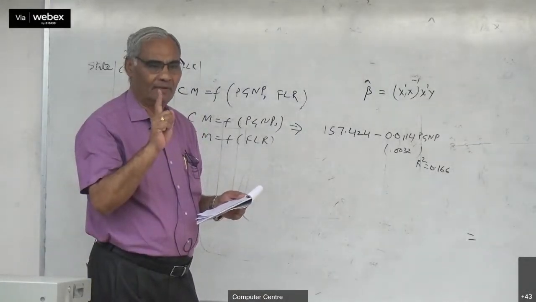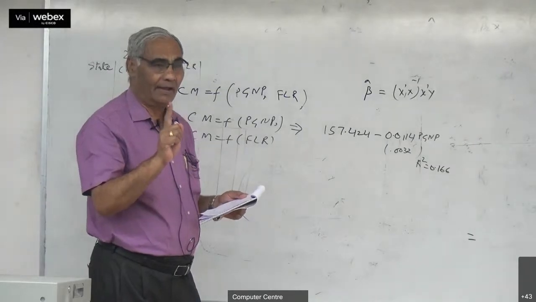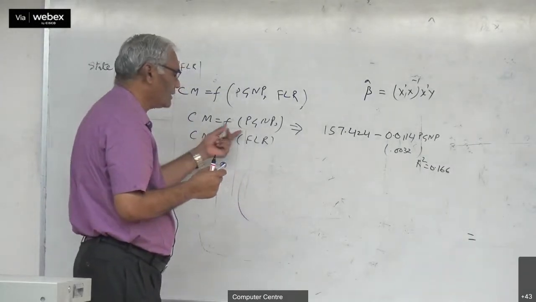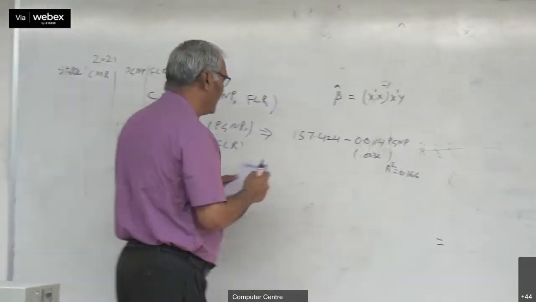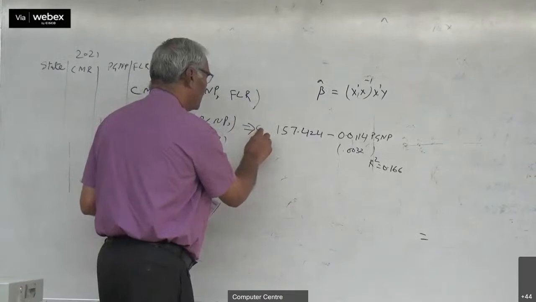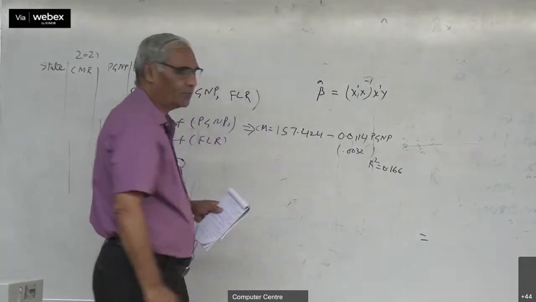Simple linear regression model assuming that the child mortality is influenced by per capita GNP, और ये estimate किया हमने, तो child mortality rate is equal to this much.